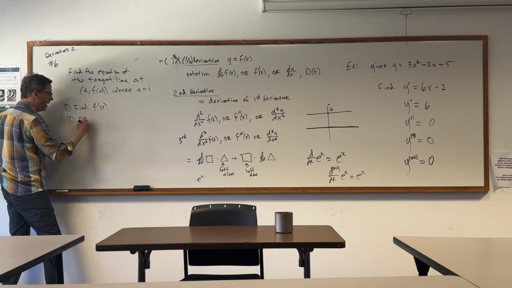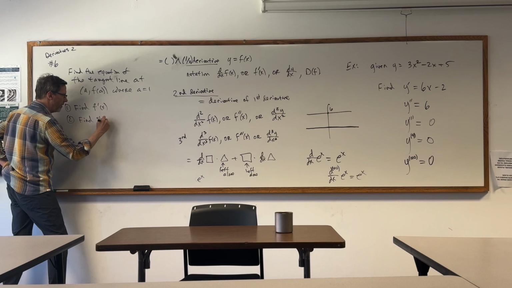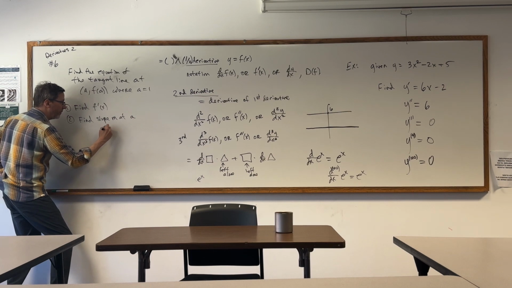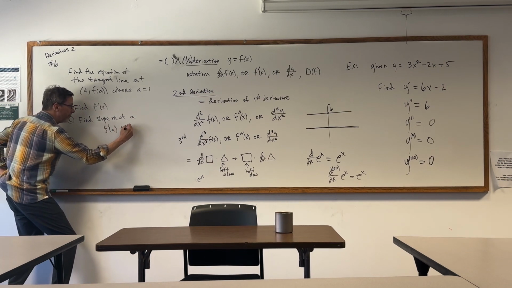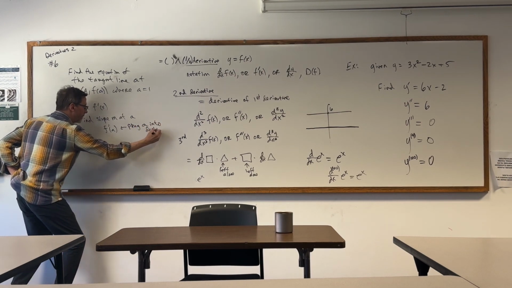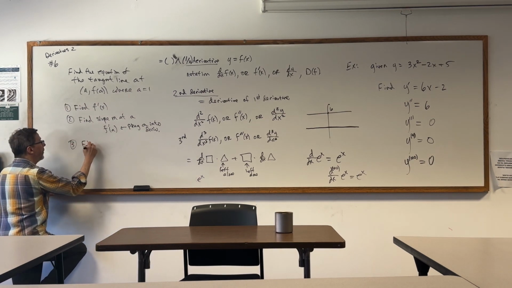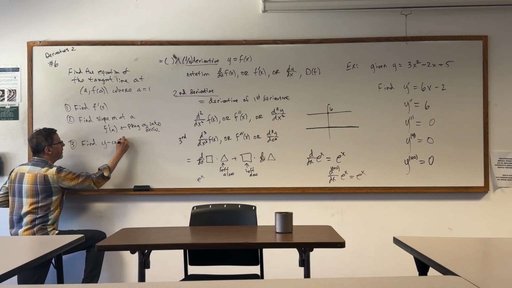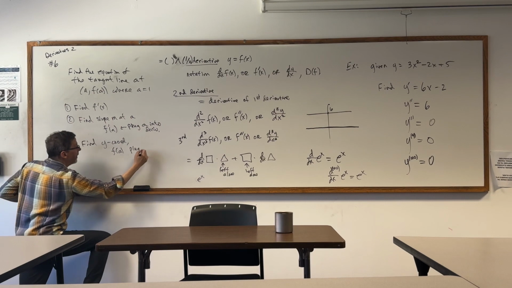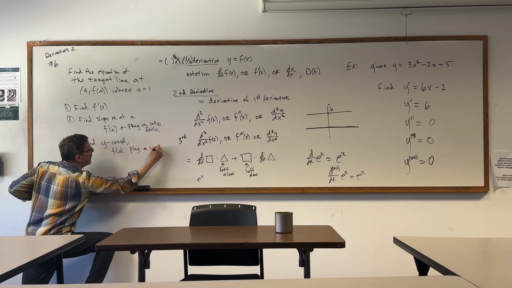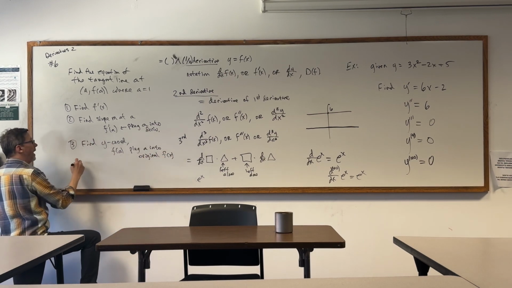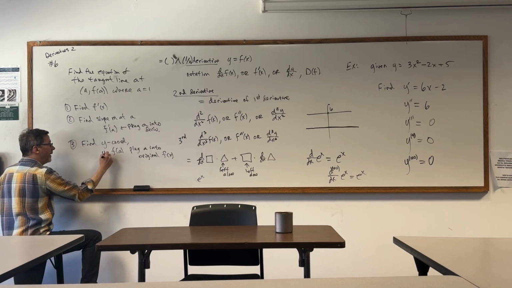Step 2 is find the slope, m, at A, so that is just plug A into your derivative. And then step 3 is find the y coordinate, and that's just f of A, so plug A into the original function that you took the derivative of before you took the derivative. We'll call that y sub 0.